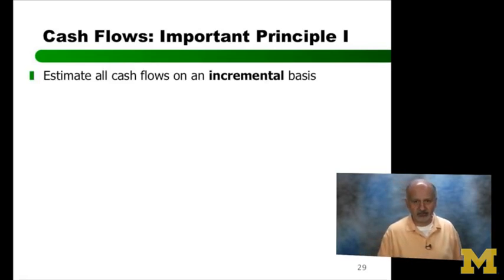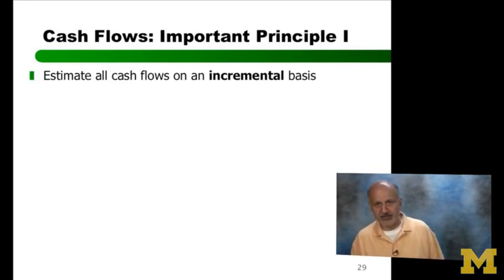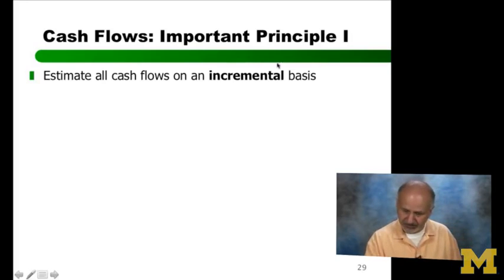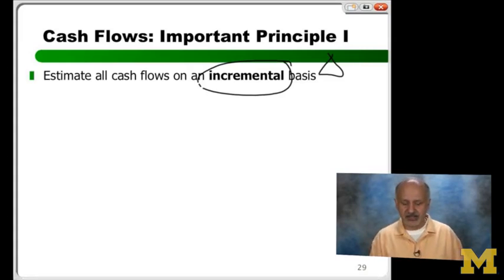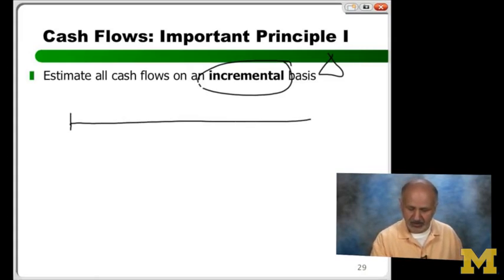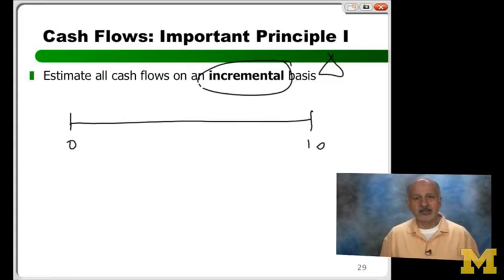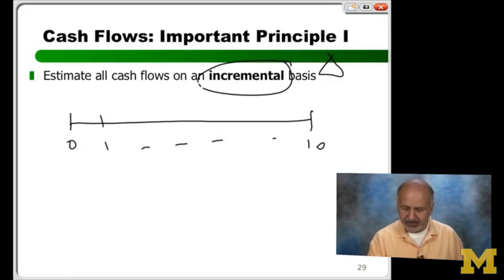Estimate all cash flows on an incremental basis. What does incremental mean? Incremental means delta, change. So let me just highlight what I mean. Your project is 10 years long. Turns out the world operates in the following way.